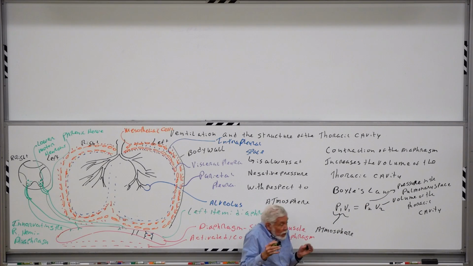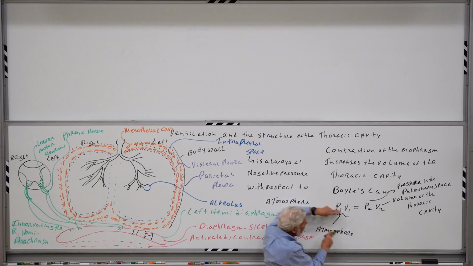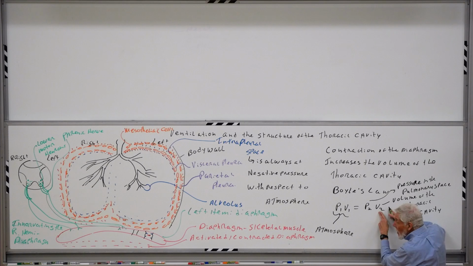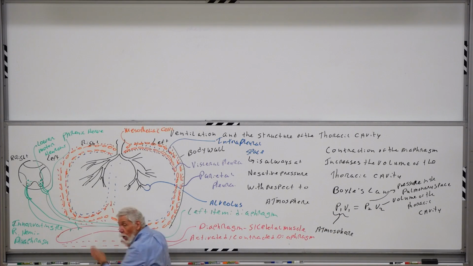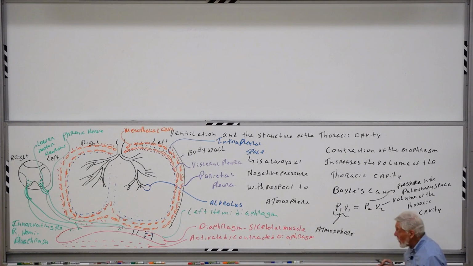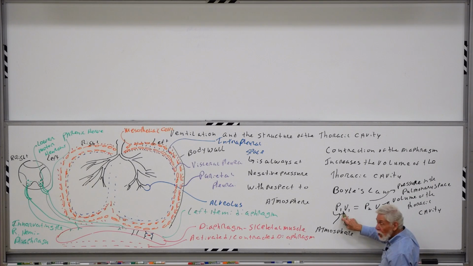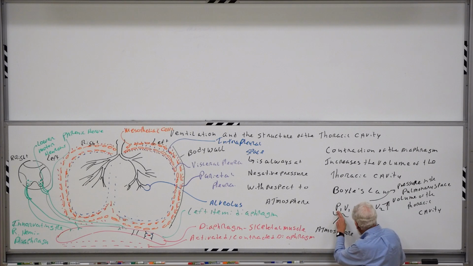So now this is just simply working with the algebra. This number doesn't change. We've said that we have increased the volume, that when we contracted the diaphragm, that increases the overall volume of the thoracic cavity. So that means this number goes up. If this number goes up and this number is unchanged, what does this number have to do? It's got to go down. So since this number is fixed, now P1 is greater than P2.